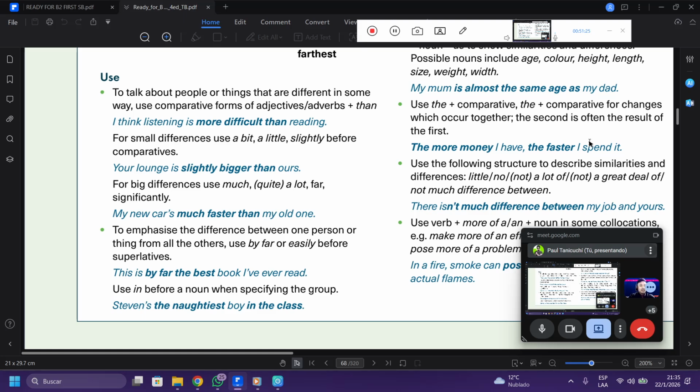Or for example, the more English you practice, the more fluent you will become. You see? Or the more exercise you do, the more fitness you will get. It's like that.